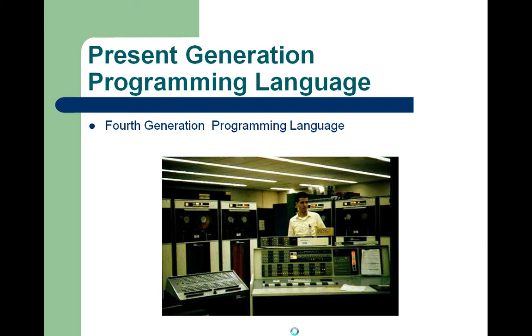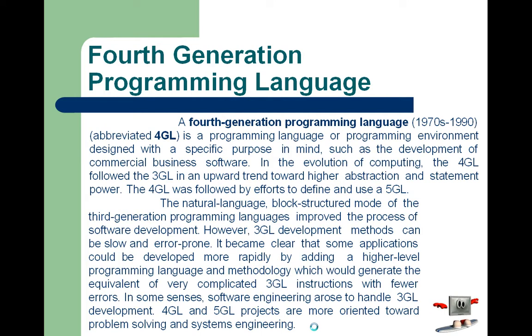Present generation programming language. Fourth generation programming language. A fourth generation programming language is a programming language or programming environment designed with a specific purpose in mind, such as the development of commercial business software.